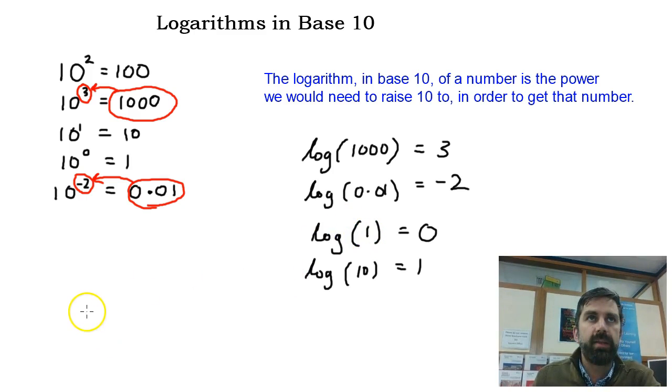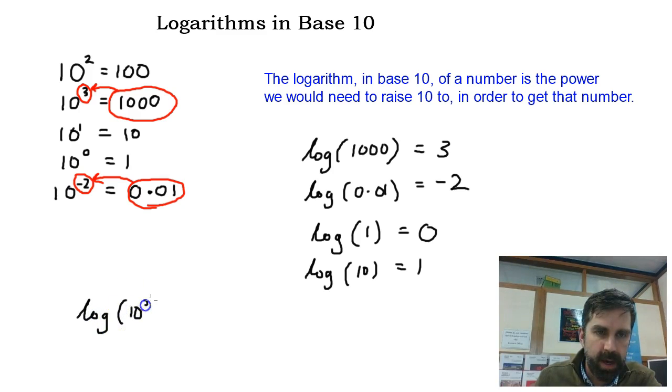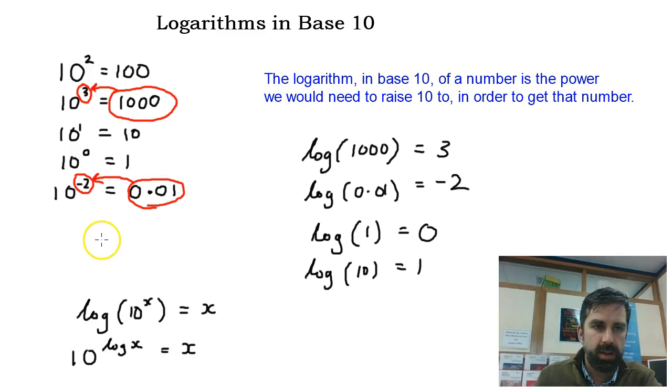So there are two key rules that come from this. We can say that the log of 10 to the power of x, whatever x might be, is just going to give us x. And if we reverse that, 10 to the power of log x is also equal to x. One way of thinking about this is, you know how times and divide are opposites and plus and minus are opposites?